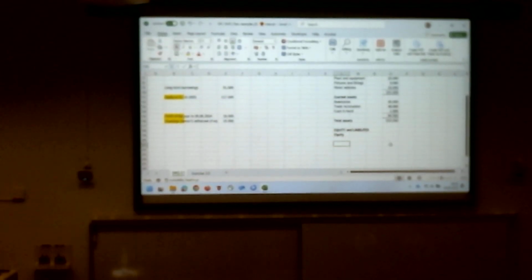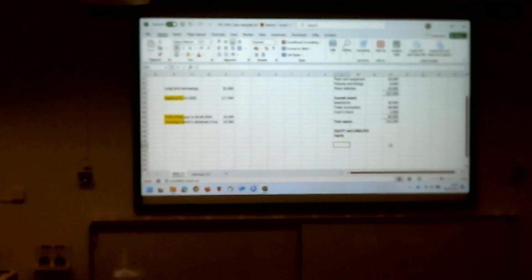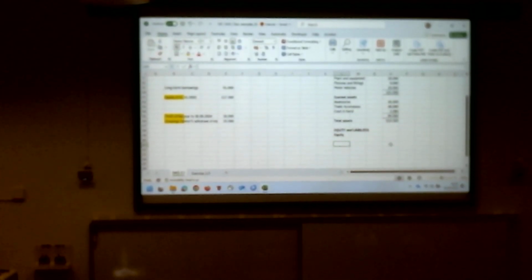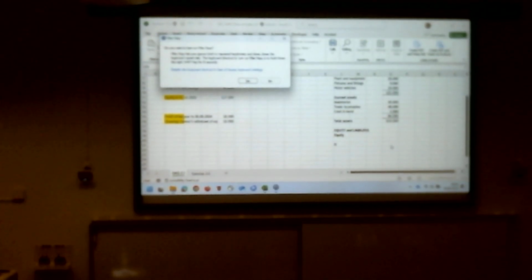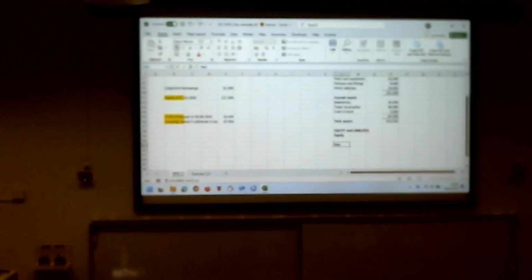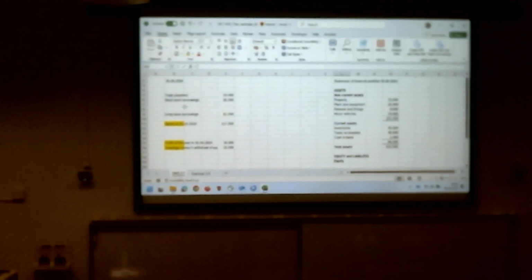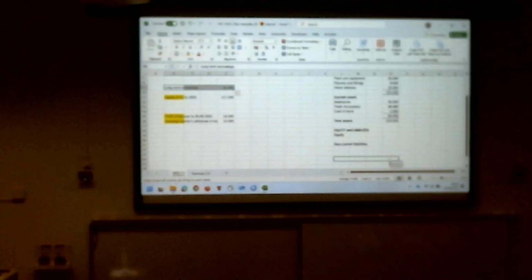Then next block. What type of liabilities? Non-current. Okay, what's in there? Yeah, it's not much differentiation.